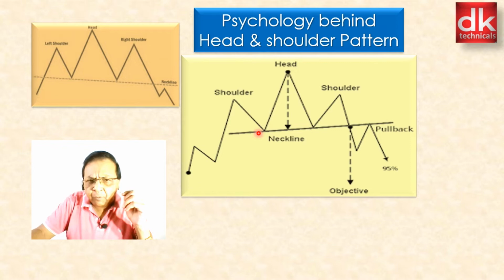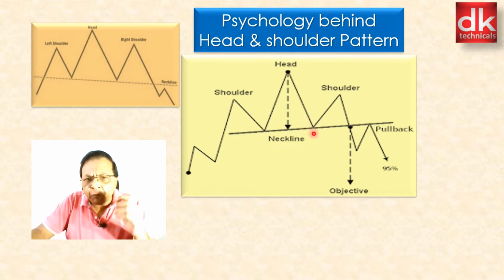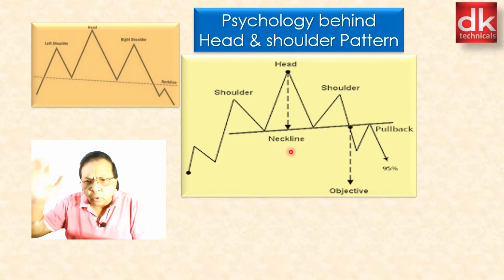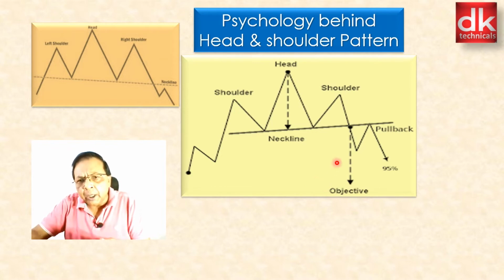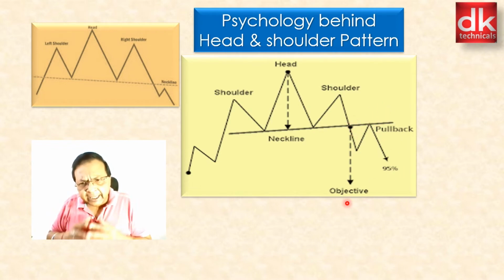This is the point from where the price starts rising, and this is the point from where the price is rising to form the right shoulder. And once these 2 points are drawn and this is broken down below, it is the breakdown of a head and shoulder. Price has broken down, given a pullback, tested the neckline, and then again the downfall continued.